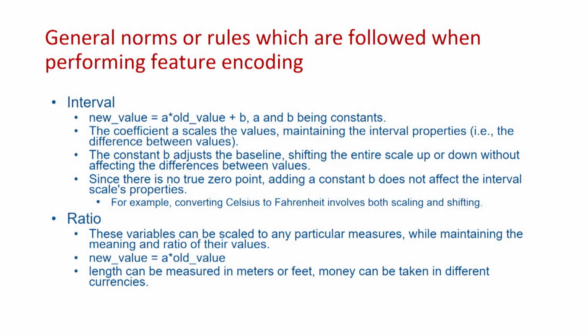In case of a ratio feature, we do not include the constant that was added in the previous term. We simply encode it as new value equals some constant times old value.